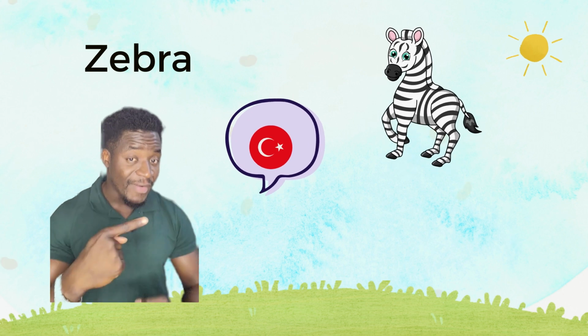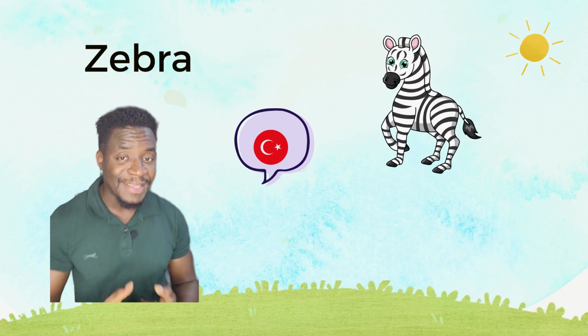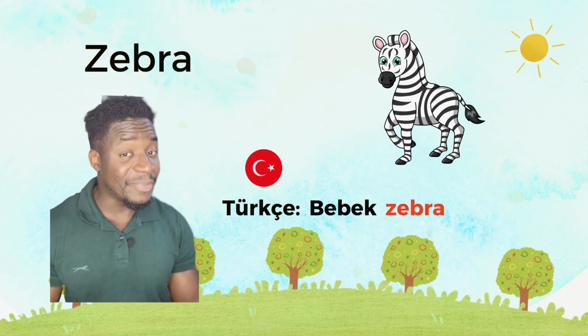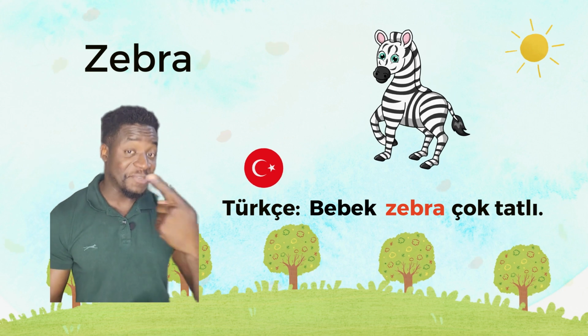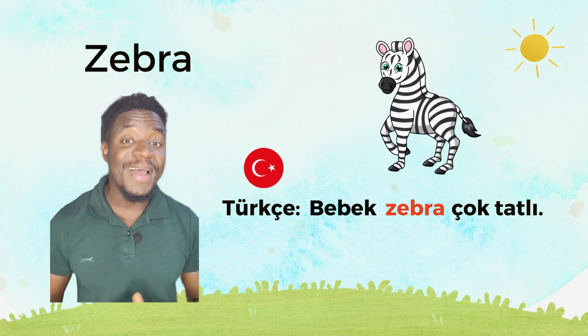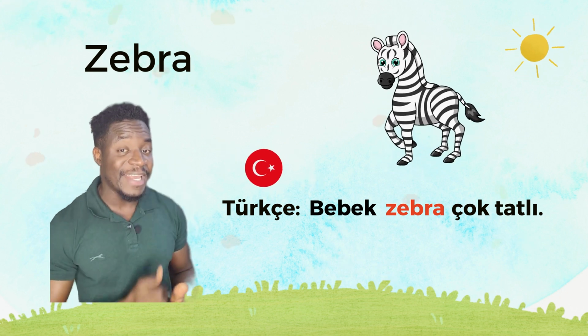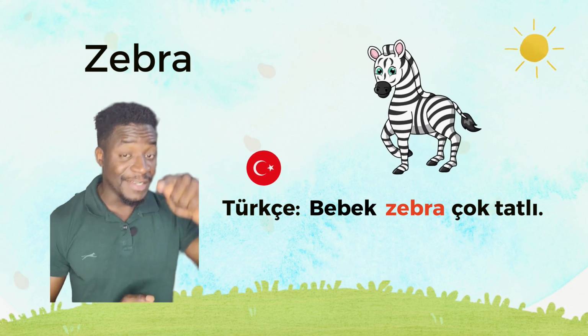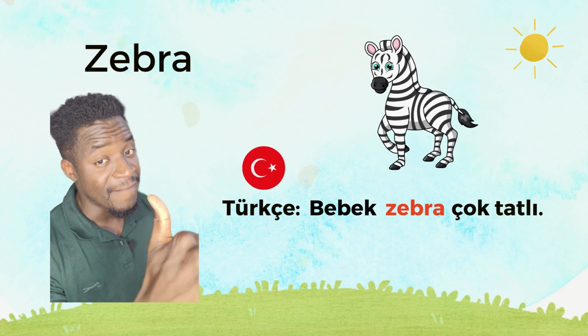So in the Turkish language, we say bebek zebra çok tatlı. Let's repeat again. We say bebek zebra çok tatlı. That's how we say that sentence in Turkish. Good to go. Bravo.